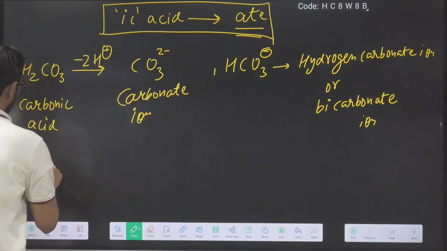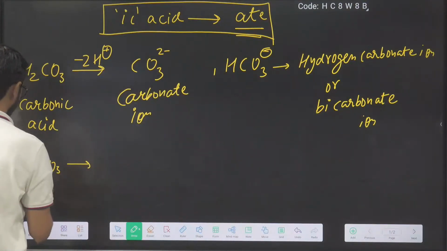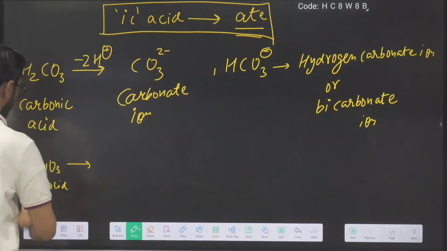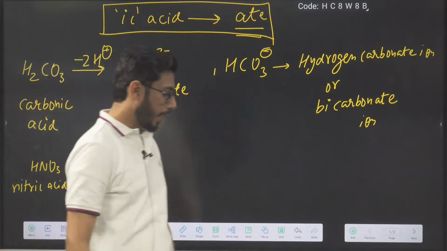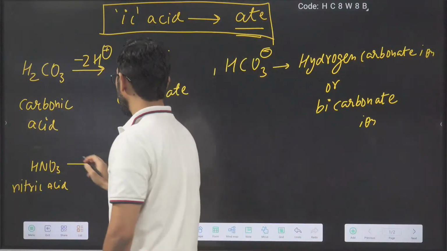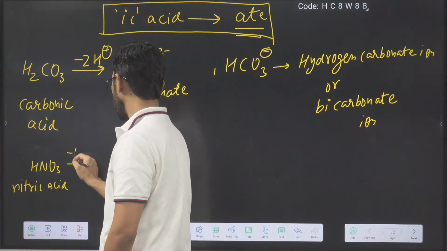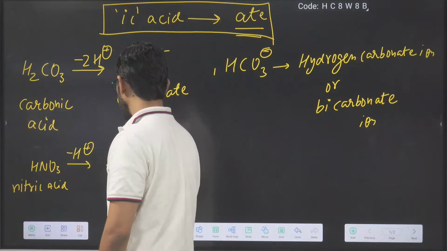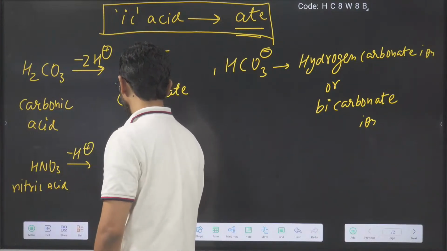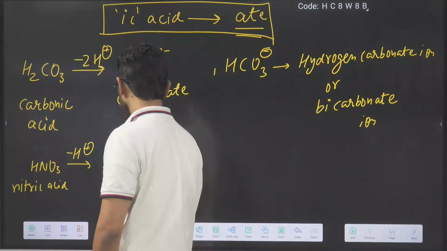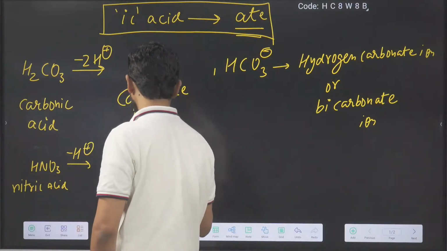Similarly, another example, HNO3. Nitric acid is the name. So the oxy anion derived from HNO3, which becomes NO3 minus, is named nitrate ion.